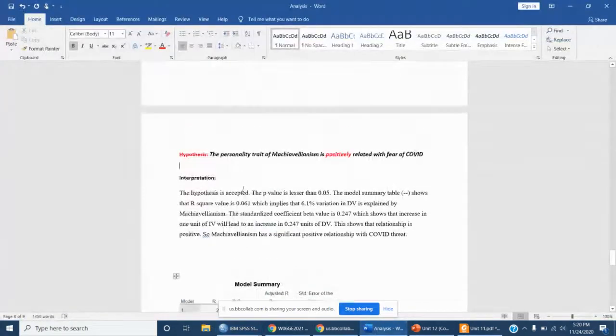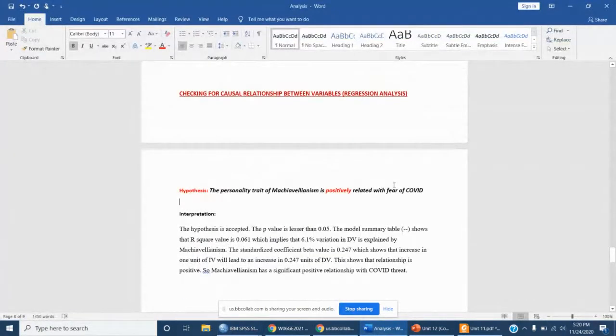If this value is negative, IV has a negative relationship with DV. Luckily, this value is positive, and in our hypothesis, Machiavellianism is positively related with fear of COVID. It shows that our hypothesis is accepted. So we categorically state that our hypothesis is accepted.